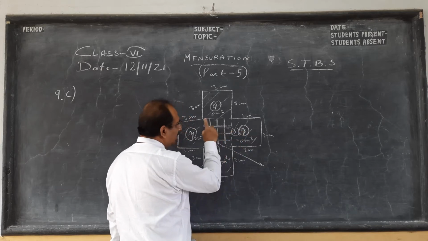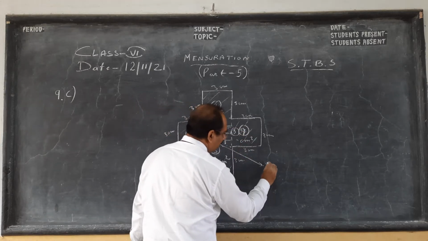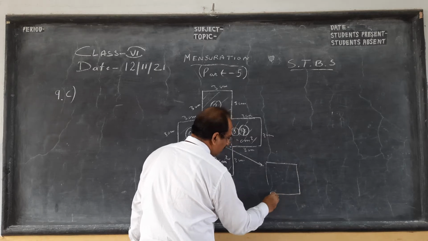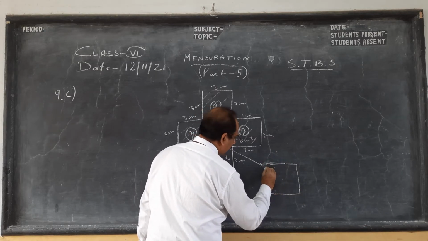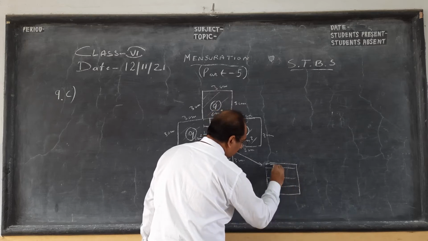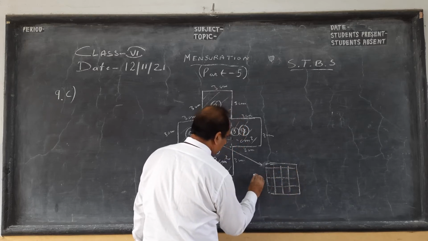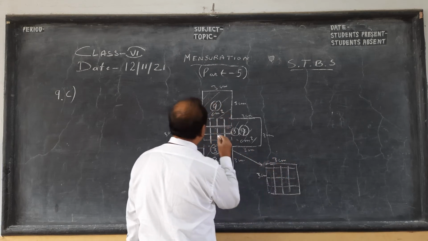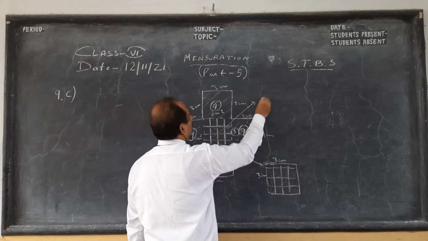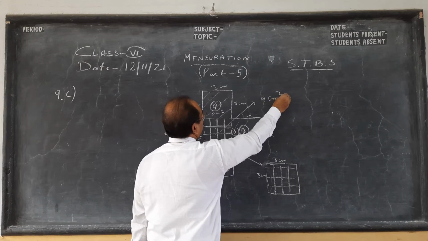So this particular square, if I plot separately to aid your understanding, has length and breadth of 3 and 3 centimeter. So area of this is also 9 centimeter square.